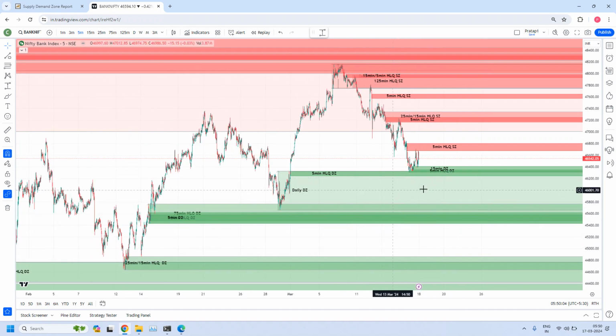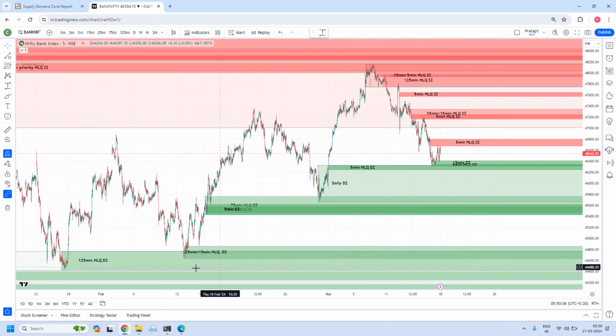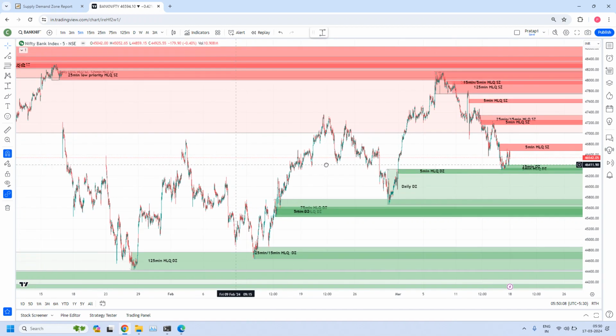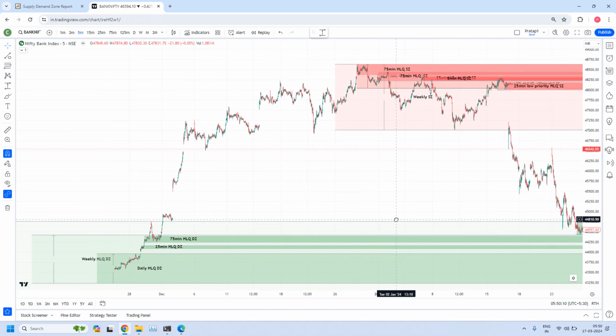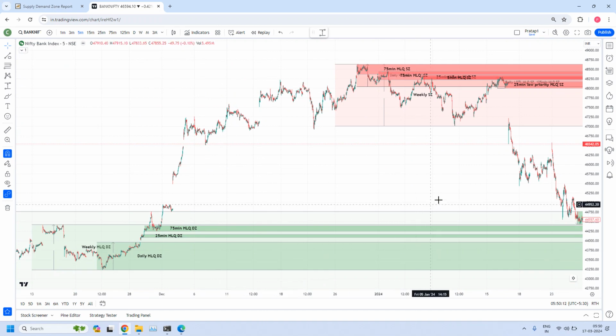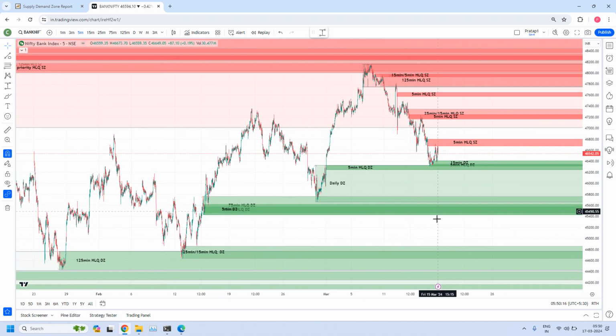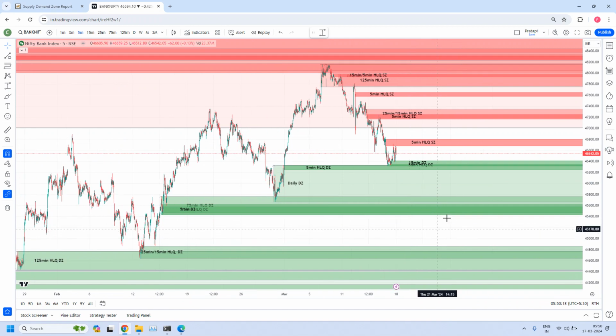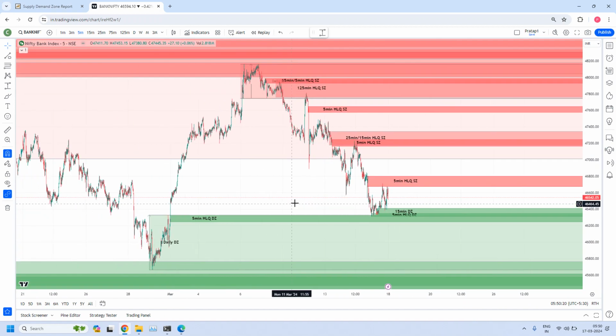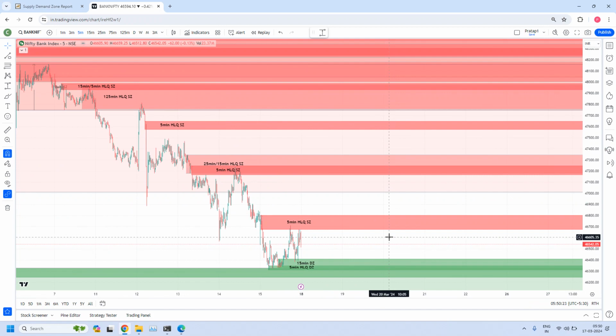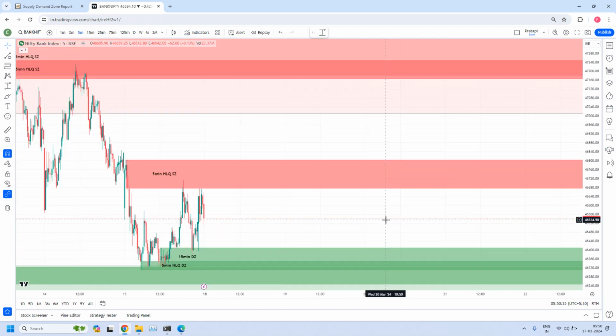If these levels are violated, probably prices will be entering into the weekly area. Okay, first what we do, let us identify the ranges for our Monday's trade.